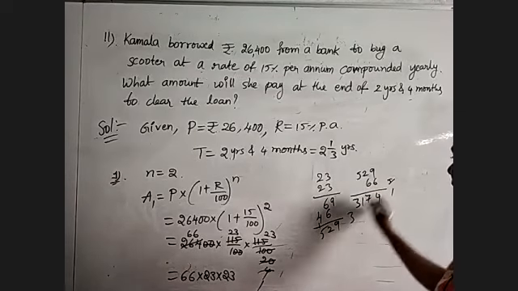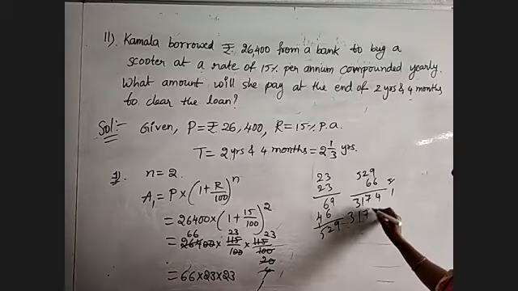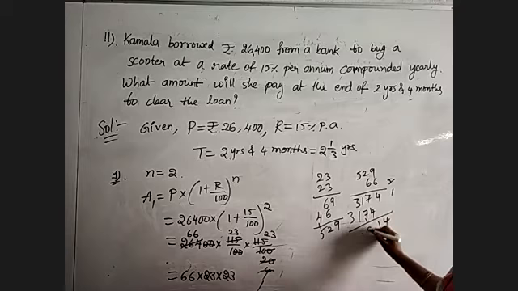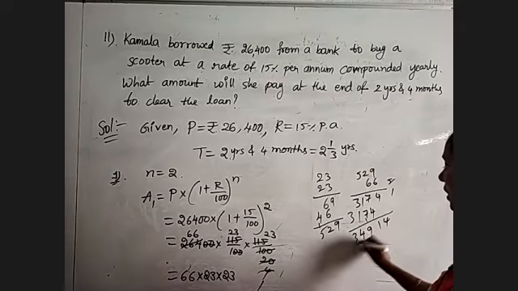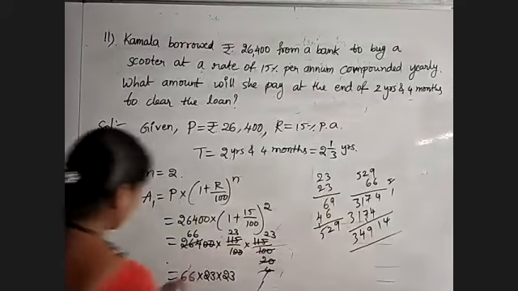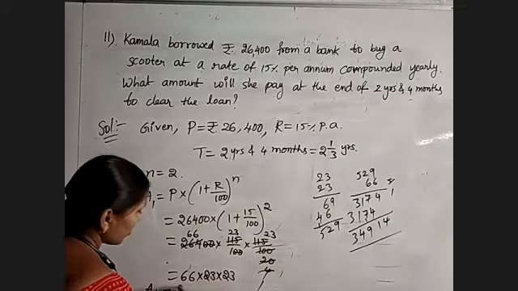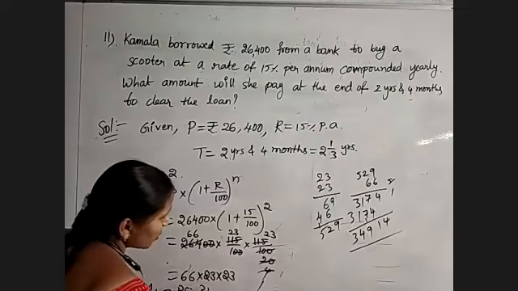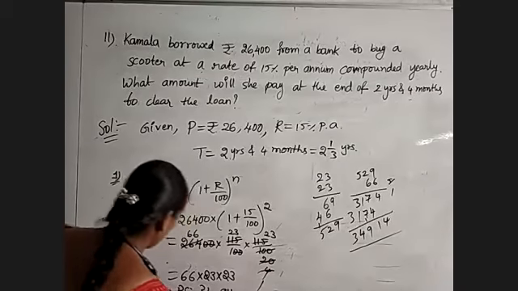So the complete value is 34,940. A1 is equal to 34,940 rupees.